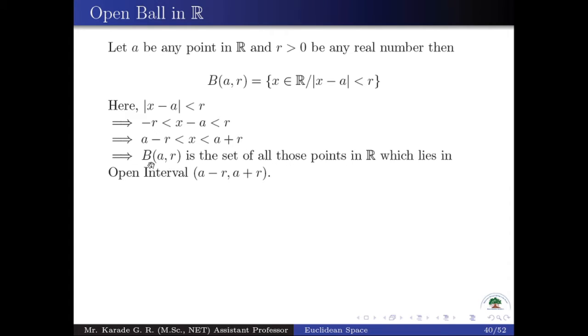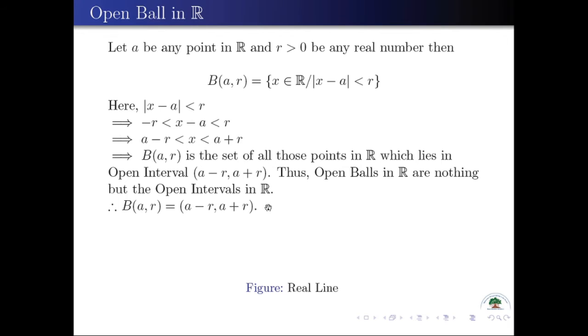So this implies open ball about a with radius r is the set of all those points in R which lie in the open interval (a minus r, a plus r). Thus the open balls in R are nothing but the open intervals in R. Therefore, open ball about A with radius R is equal to the open interval (A minus R, A plus R).